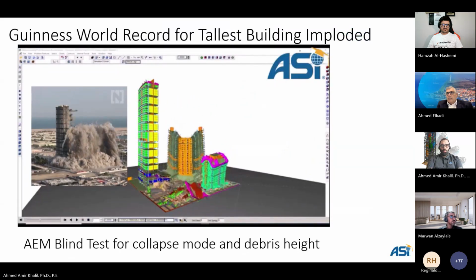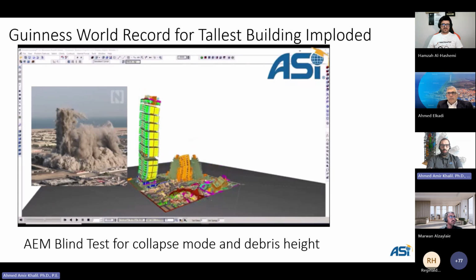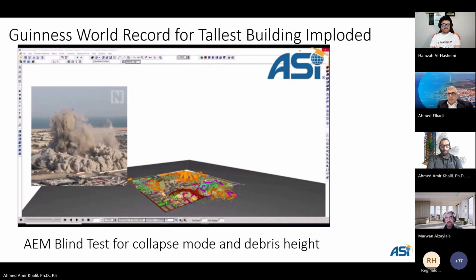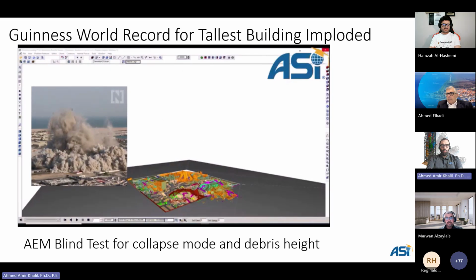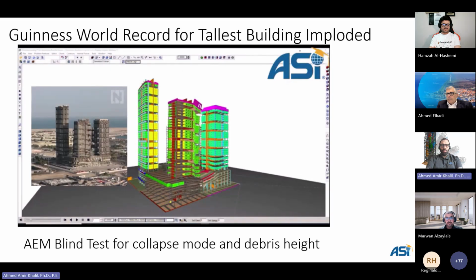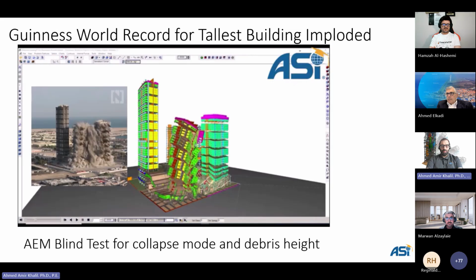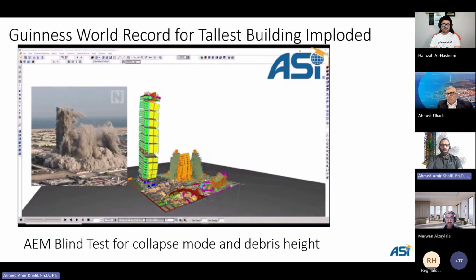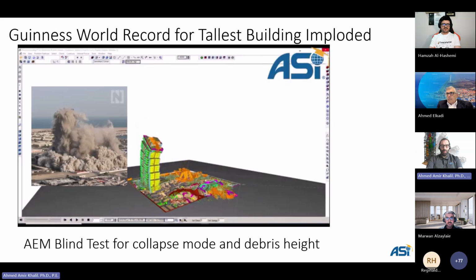So this structure was actually in Abu Dhabi, Mina Plaza. And what I'm saying is all those are blind test cases. Basically, we are performing the modeling before the actual collapse happens.